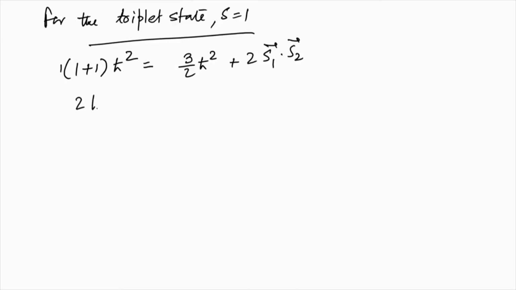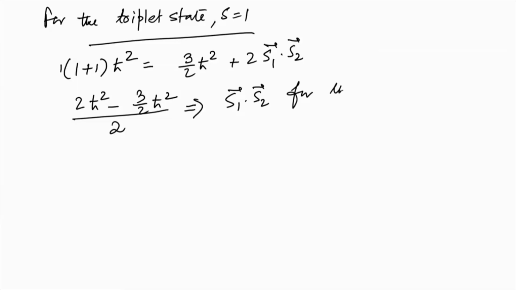So, 2 h cross square minus 3 by 2 h cross square divided by 2 is the eigenvalue for S 1 dot S 2 for the triplet state. So, this is equal to 2 minus 3 half, which is just half.